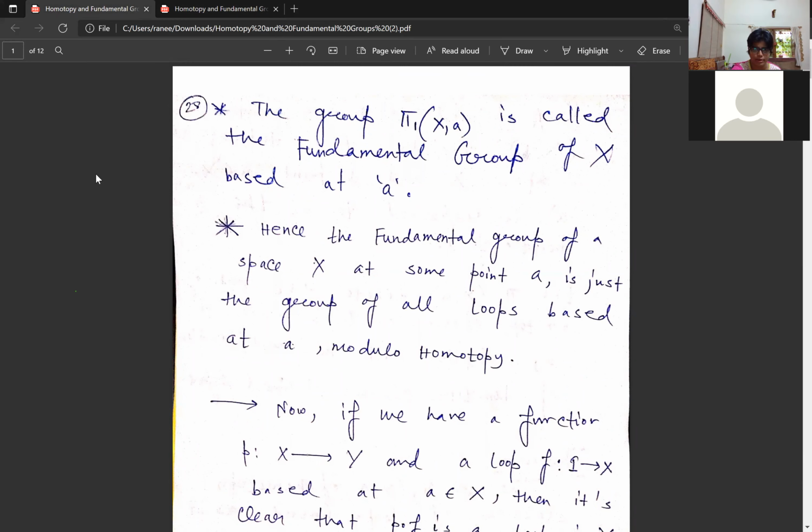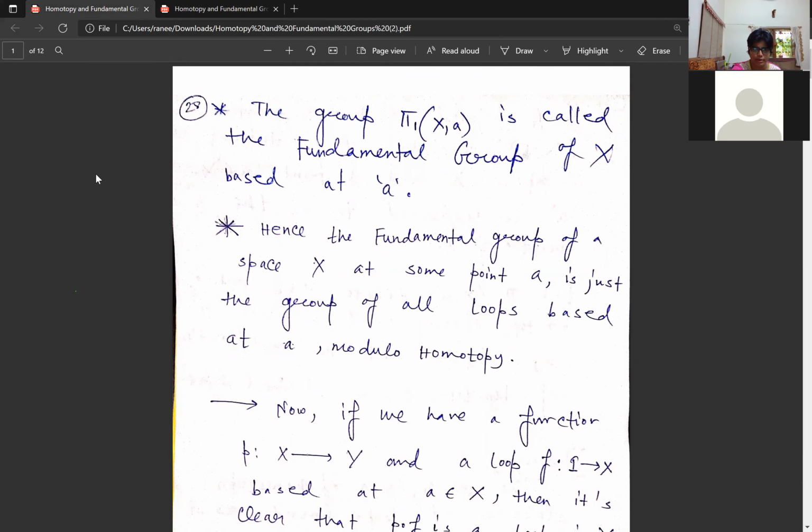The fundamental group of a space x at some point a is just the group of all loops based at a, modulo homotopy. Remember here every element is a homotopy equivalence class, not just a path, not just a loop, but the class of a loop, right?